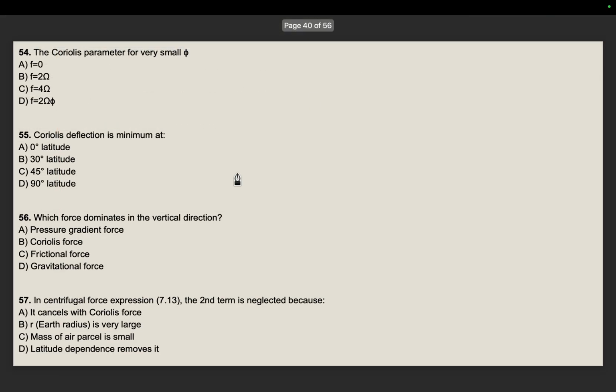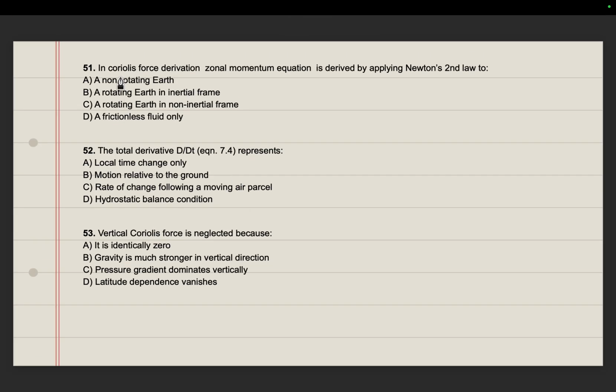We will describe 51 to 60 today. In the week 7 content, in the Coriolis force derivation, the zonal momentum equation was derived by applying Newton's second law. In which frame was it done: a non-rotating earth frame, a rotating earth in inertial frame, a rotating earth in non-inertial frame, or a frictionless fluid only? Option C, rotating earth, non-inertial frame.